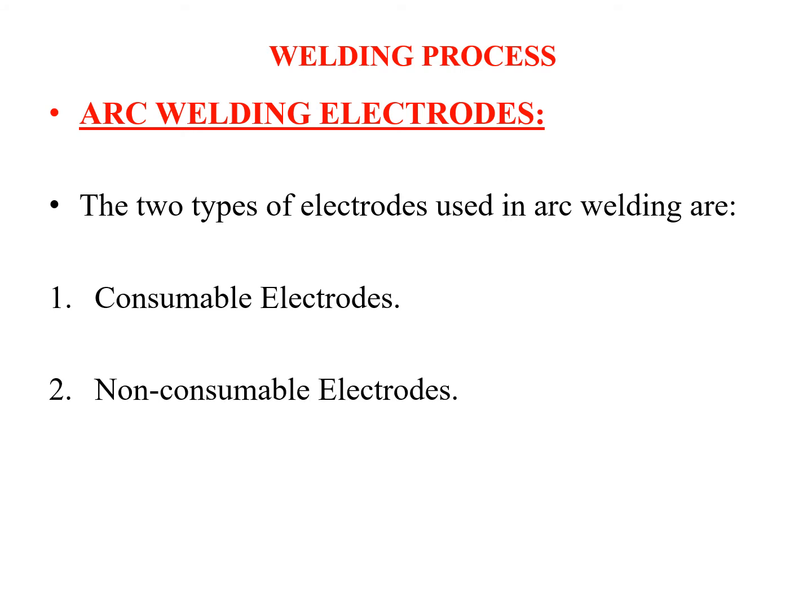Non-consumable electrodes are used along with filler materials. The advantage of a non-consumable electrode is that the amount of metal deposited by the filler rod can be controlled, which is not possible with other types of electrodes.